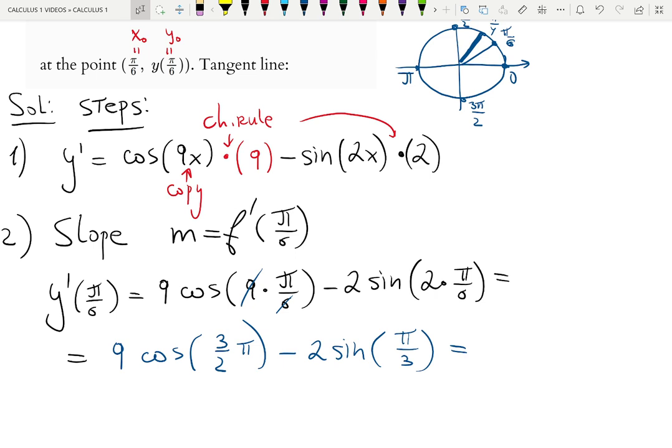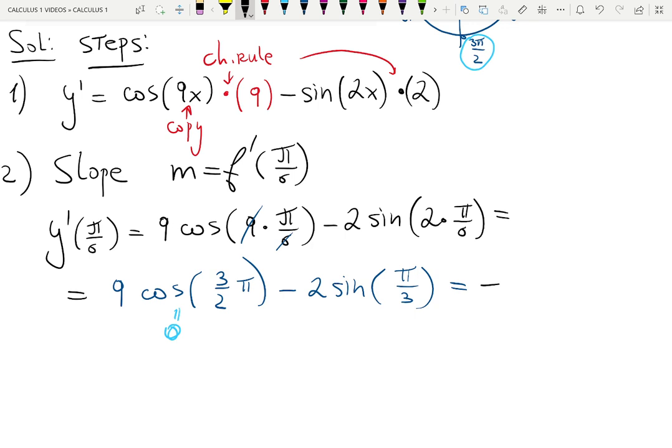I just mentioned that cosine at 3 pi over 2 is 0, so the whole first term is 0. Thus, we will have minus 2, and pi over 3 for sine is square root of 3 over 2. So the slope is negative square root of 3.